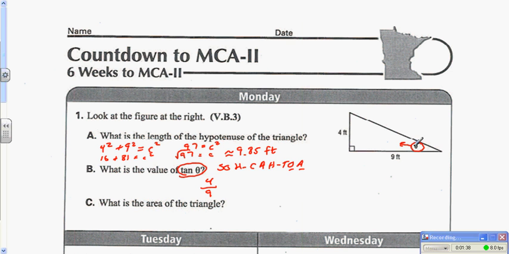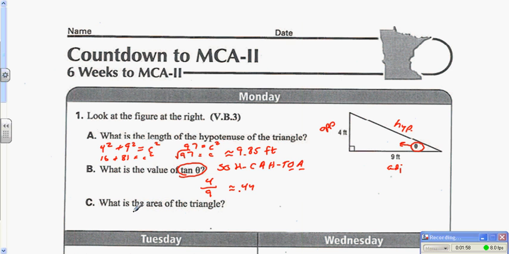Again, when you're looking from that angle, this is opposite, this is adjacent, and this is hypotenuse, always. 4/9 can be written as approximately 0.44.